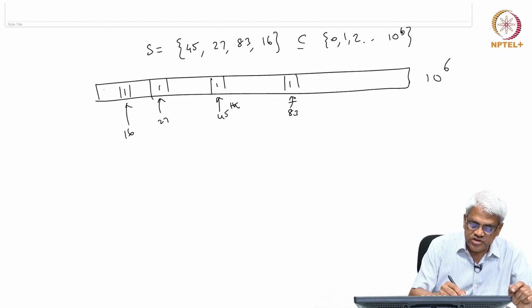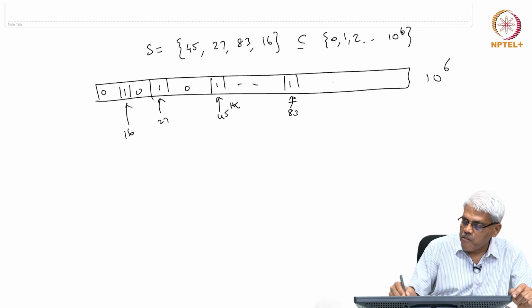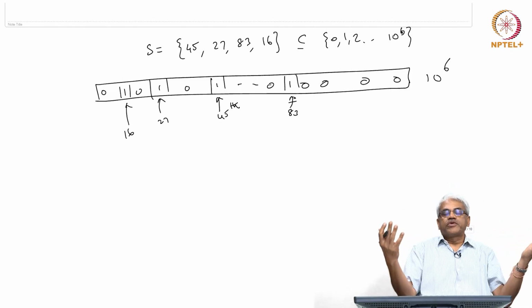So it's a 0 1 string vector. Everywhere else it's 0. This is my initial pre-processing step.